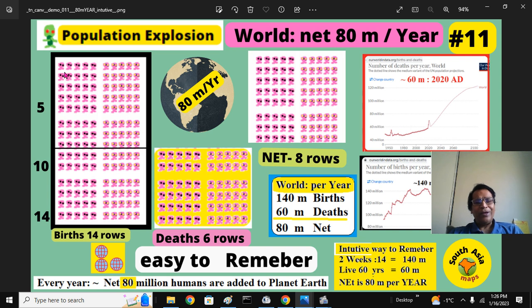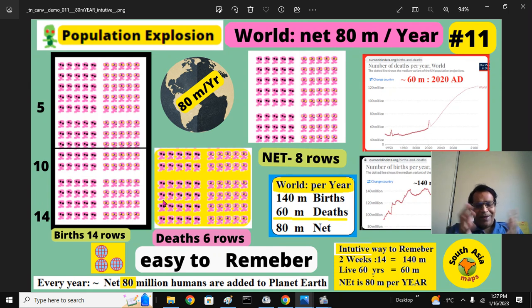In these 14 rows, imagine each row has 10 million added. I got that wrong. It's 10 million here, 50 million here, 100 million here, 140 million here.